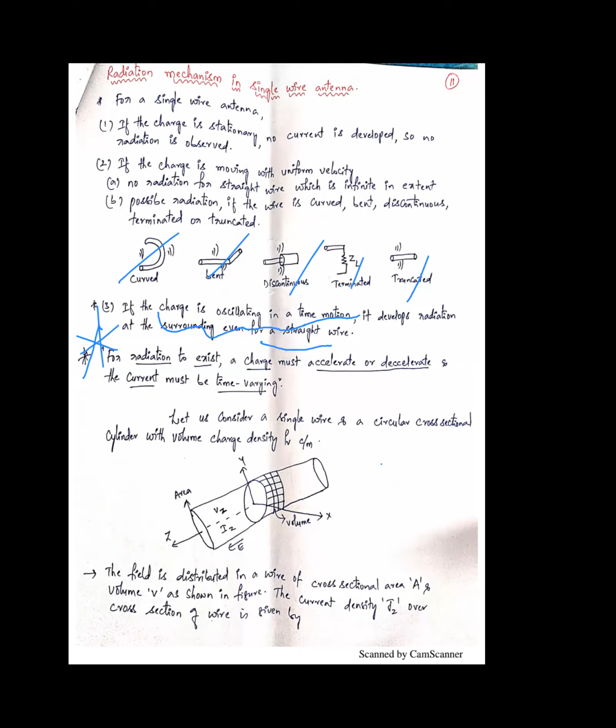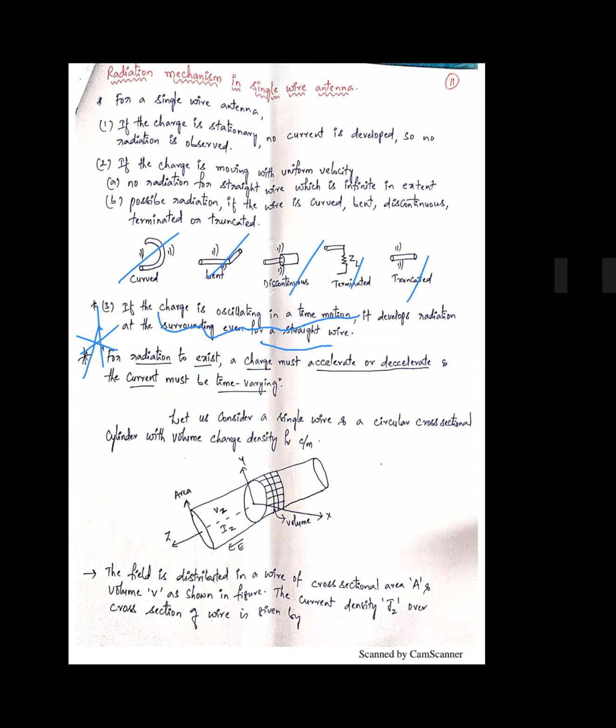I repeat the three cases now. First case, if the charge is stationary, there is no current, hence radiation will not take place. Case 2, if the charge is moving with uniform velocity: first point, radiation is not possible for a straight wire which is infinitely long.